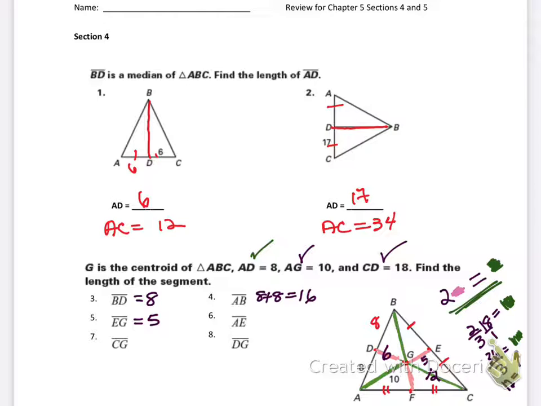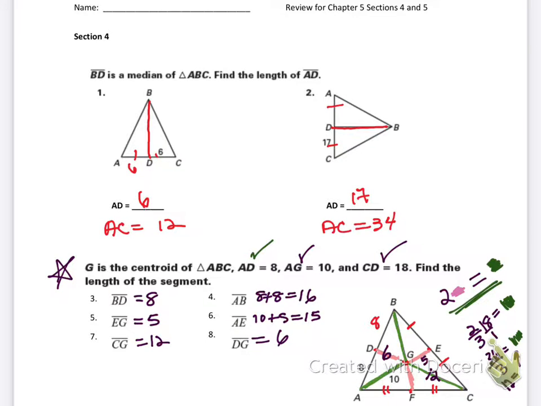AE is the entire median, so I have to add 10 plus 5, so that's going to equal 15. CG is the bigger section of the median, so that equals 12, and then DG equals 6. Okay, this is an important question.